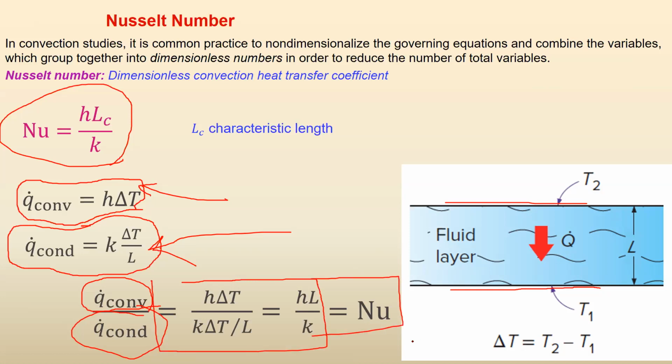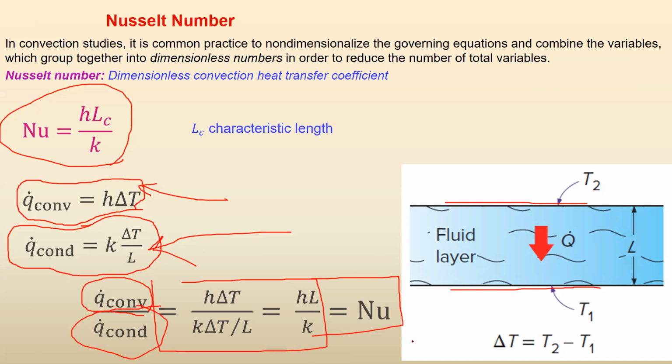So that's what Nusselt number is telling me. Nusselt number tells me if the convection heat transfer is dominant or not. When the Nusselt number is very high, it means the mechanism of heat transfer is mainly happening as a result of convection, not conduction.